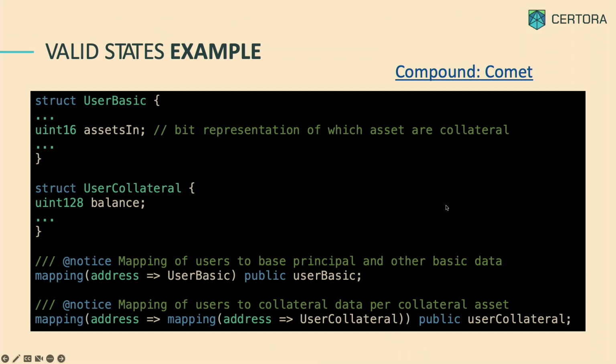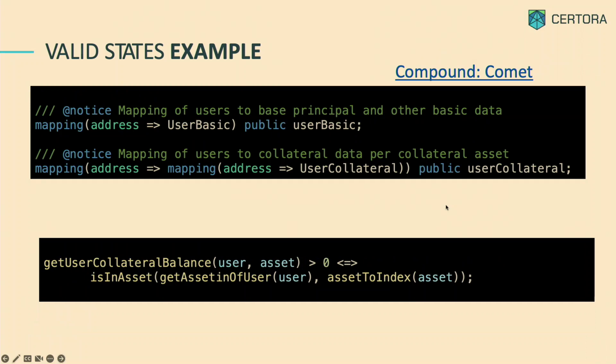Again, during early development stage, we were working with Compound. And this is a very strong rule, okay? So we say that if the user collateral balance on a specific asset is greater than 0, now we have the double implication: if and only if the is-in-asset flag of the index of this asset for this user is turned on.